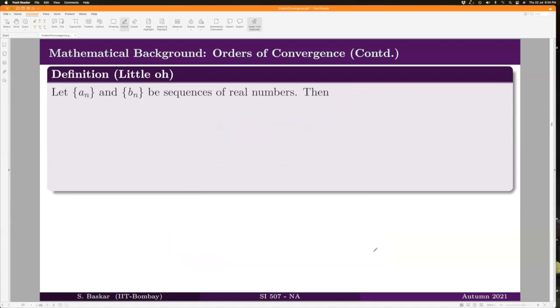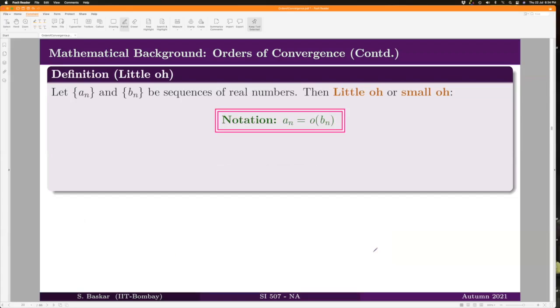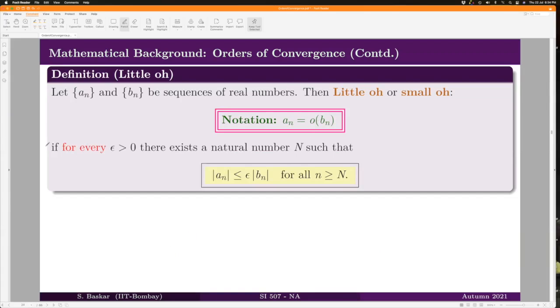Now let us go to the definition of little o. Here we say that the sequence an is little o of bn. Notationally, it is denoted with a small o here. If for every epsilon greater than 0, there exists a natural number N such that this condition holds.